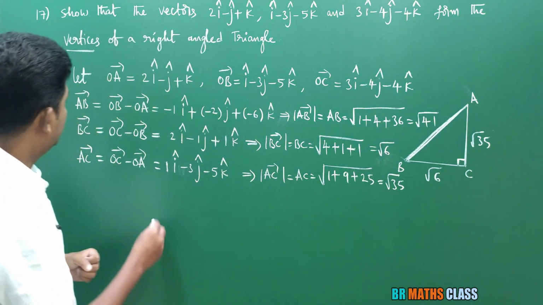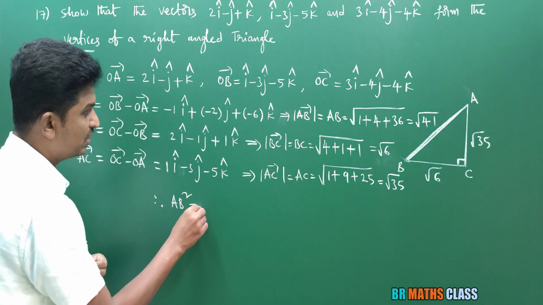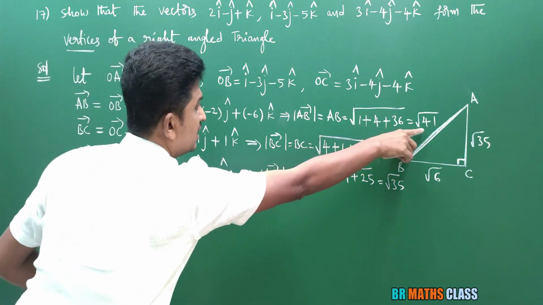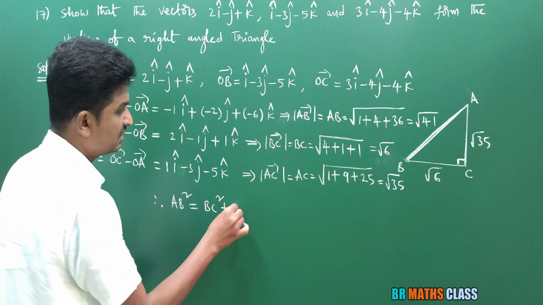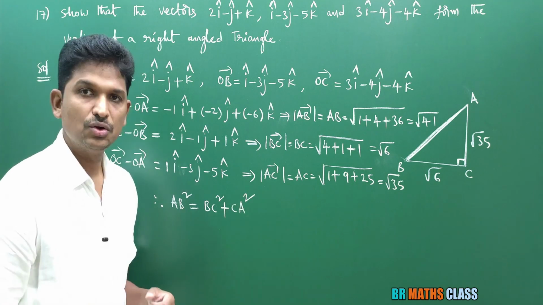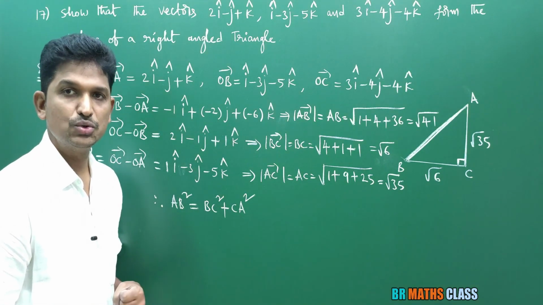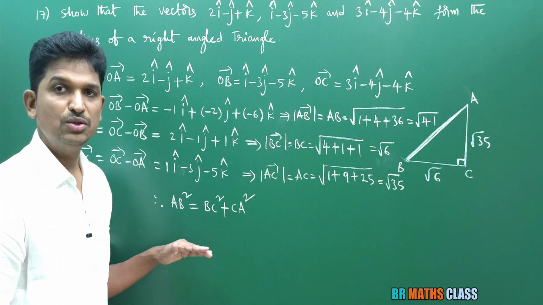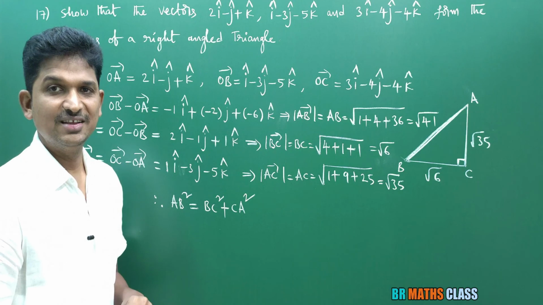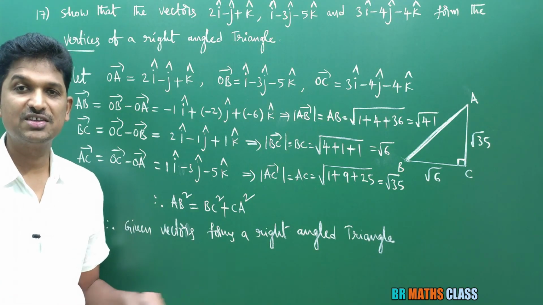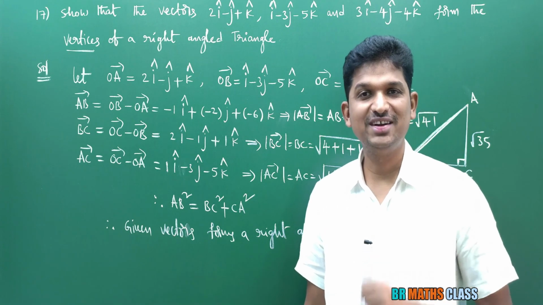You can easily identify that AB square is 41, which is the same as BC square plus CA square. So you identified that square of one side is sum of squares of other two sides. So this tells you that these vertices form a right angle triangle. Therefore, given vectors form a right angled triangle. I hope you understand this.